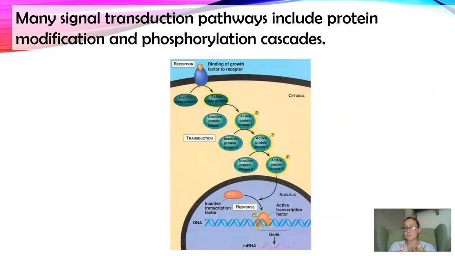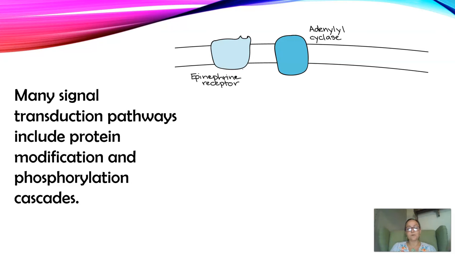Now, one thing I did not do a good job of in my classroom is emphasizing that in these cascades, the signal amplifies within the cell. Many signal transduction pathways are the same standard. Here, I believe this picture is from Khan Academy. If epinephrine attaches to a receptor, adenylyl cyclase will become active.